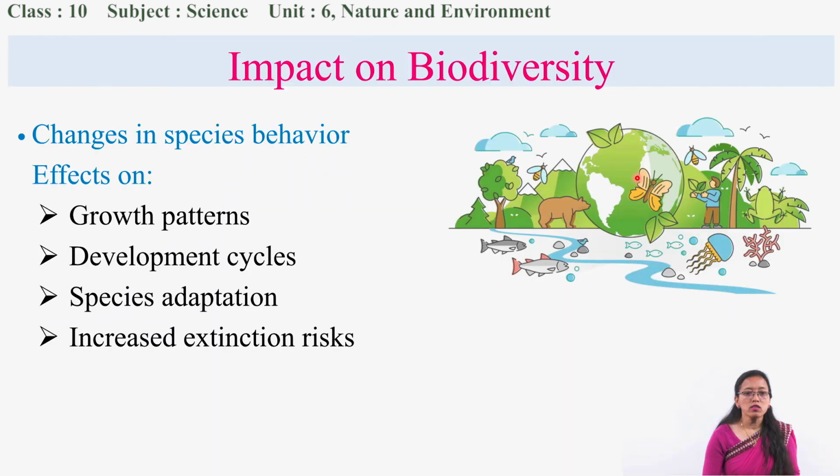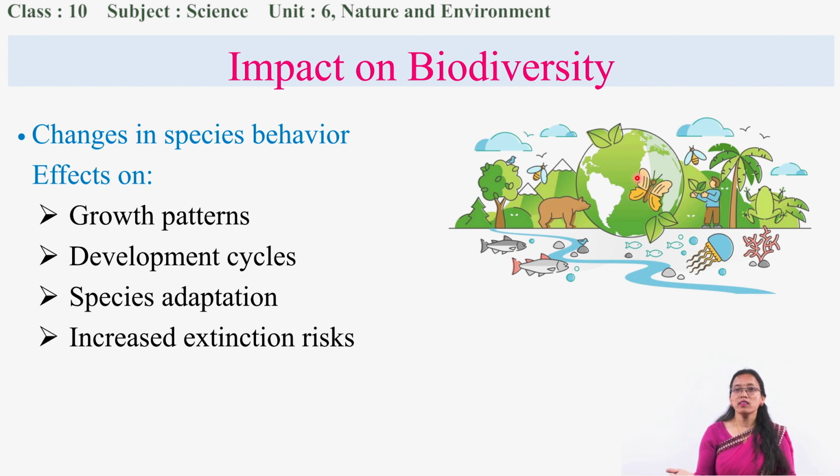Another one is increased extinction risk. Due to climate change, those native organisms which are present in that environment will not be able to adapt themselves to that condition. Their native environment was different. Now, due to climate change, the whole environment is changed.